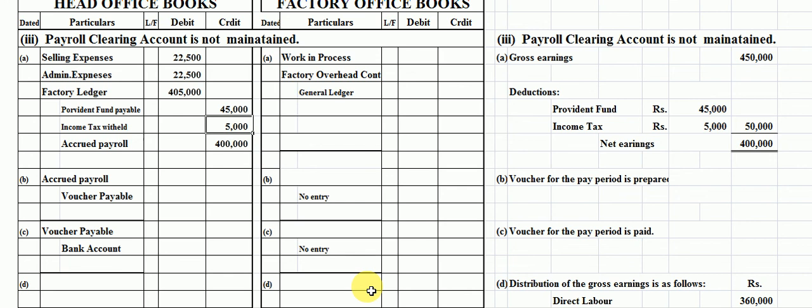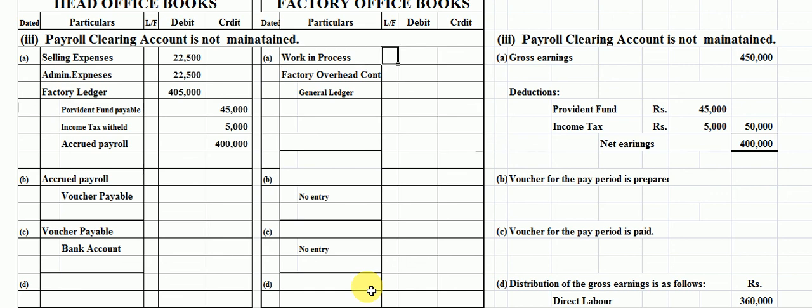Now we move to the factory books, where we have to pass the entry against work in process and factory overhead control as debits, because work in process belongs to the direct labor cost and factory overhead control belongs to the indirect labor cost.